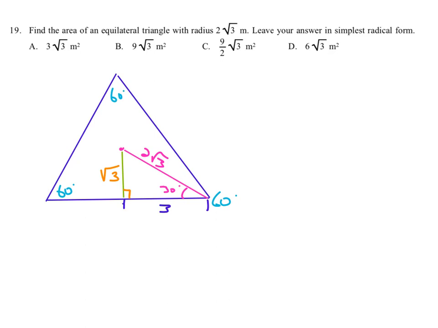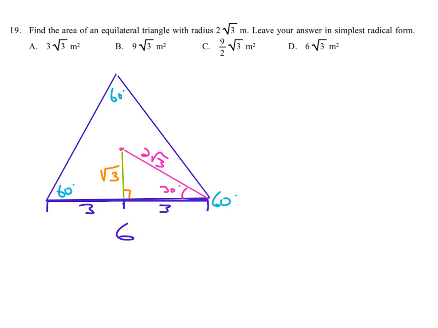Well, that must mean that this section from here to here is also equal to 3, meaning we've got an entire base of 6. Each one of these sides is equal to 6. And we know that the apothem is square root of 3.